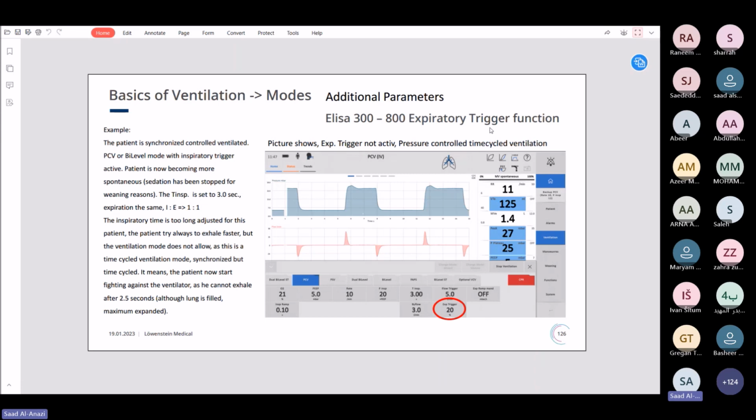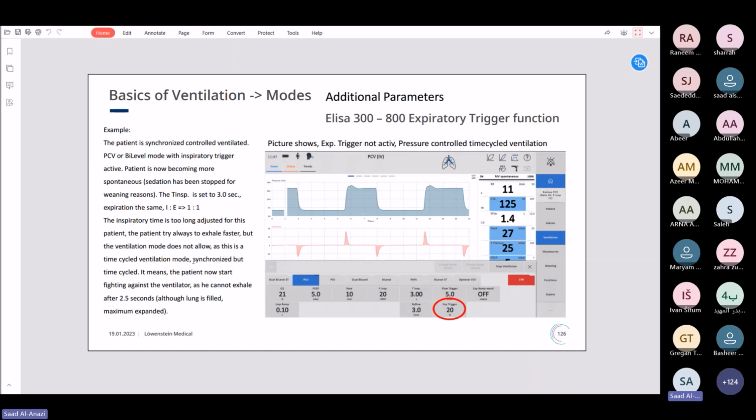expiratory trigger functioning. This one is helpful for the mini modes, like for example, the pressure control. You can turn the expiratory trigger on or off. As you know, some patients need to trigger even in the expiratory phase. So if the expiratory time is too long, adjust for the patient and always try to exhale faster.